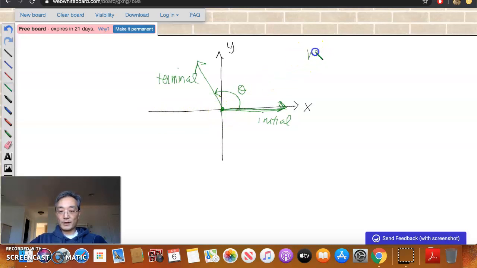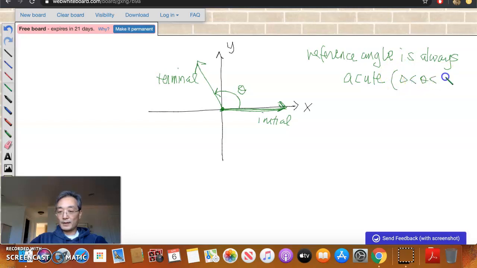The reference angle is always acute, which means it's between 0 and 90 degrees.